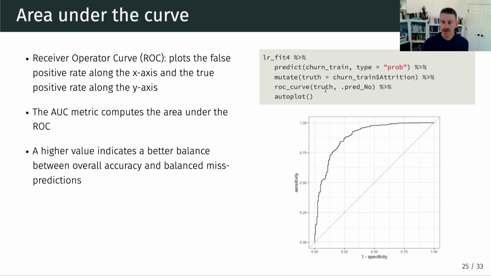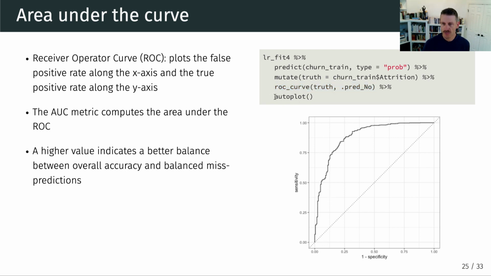So with R, we can go ahead and we can create our ROC curve. So here we take our model and we just simply, again, make the predictions, add in our actual attrition data, and then we do a ROC curve where we have the truth against the predicting no, and that provides our ROC curve.